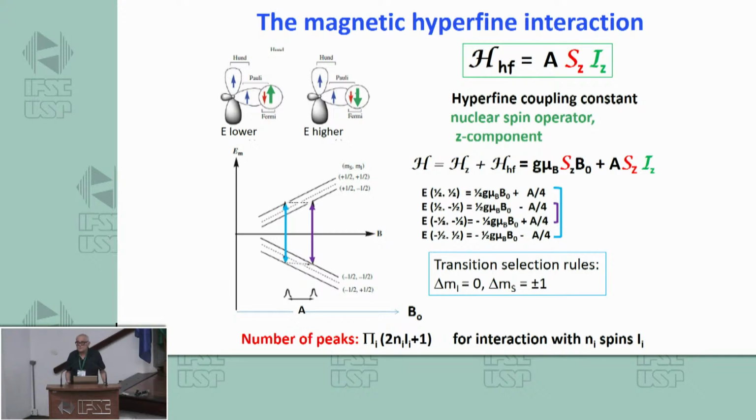Okay. So now we remember when we do EPR spectroscopy, we apply microwaves of constant energy. The size of this arrow here gives us the microwave energy.